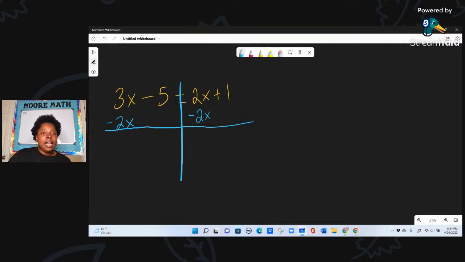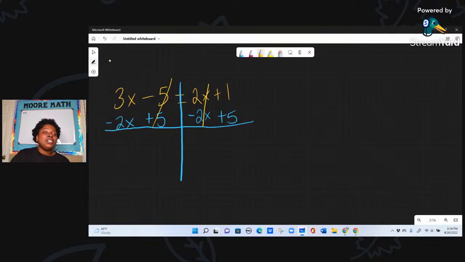Now that gets rid of this 2x. I also want to move this -5 to the other side. So to get rid of that -5, I'm going to add 5 to both sides. We just did it all in one step. Some of your teachers might break it down into 2 different steps, but it works.